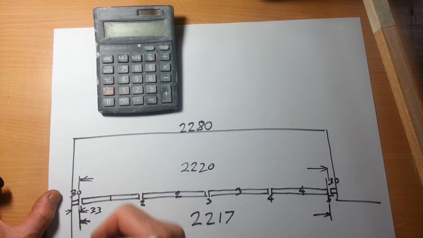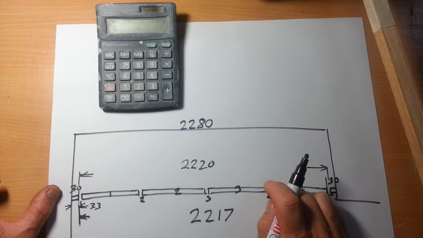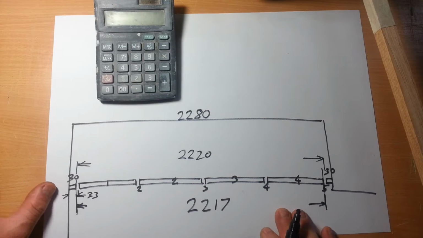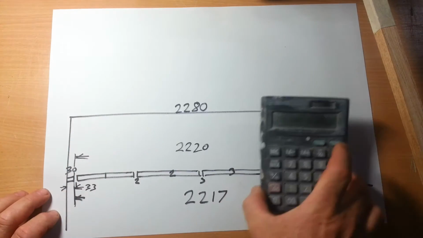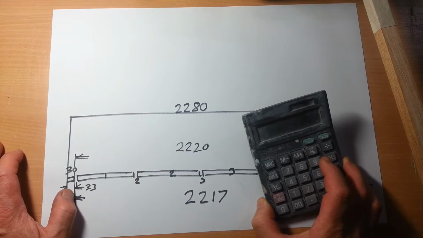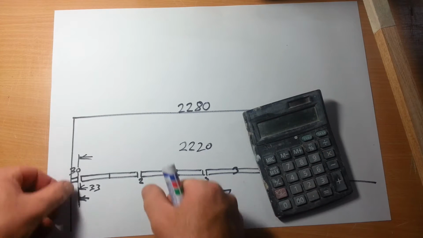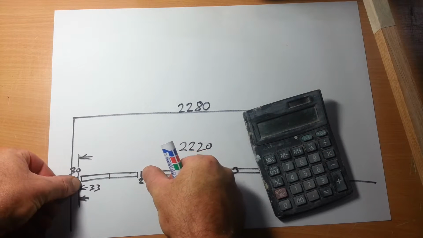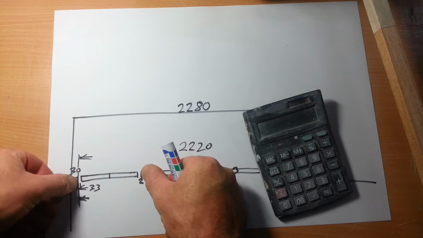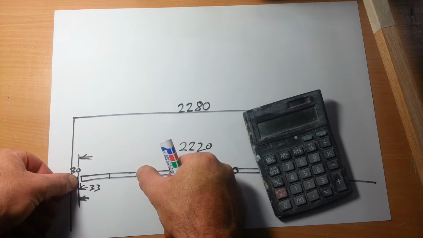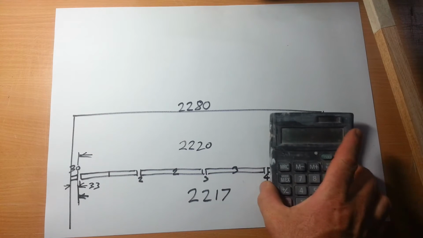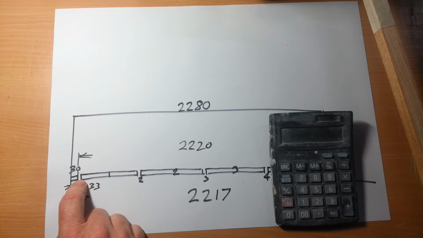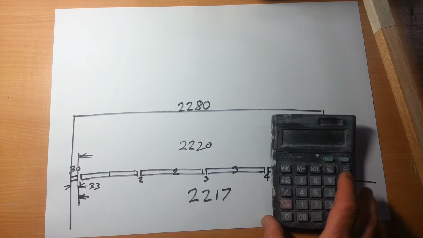Okay, so you may choose, I don't care which way you want to go, that's up to you. Move that better into your view. You could choose to start at 33 or at 30. If you start at 33, of course, your distance will be referring to the left-hand edge of the consecutive door. If you choose to start at 30, you'll be in the right-hand edge of the first door. So it depends how your logic works. 33 was easy for me to arrive at anyway, so I'm just going to go to the far side.